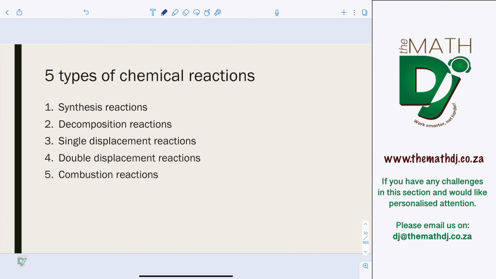There are 5 types of chemical reactions. Synthesis means two substances, like A plus B, form C, so they are combining.